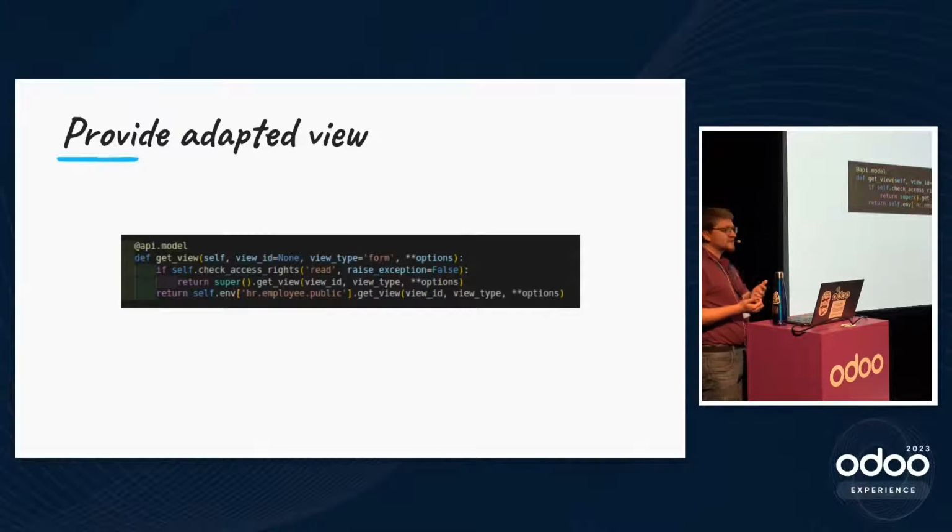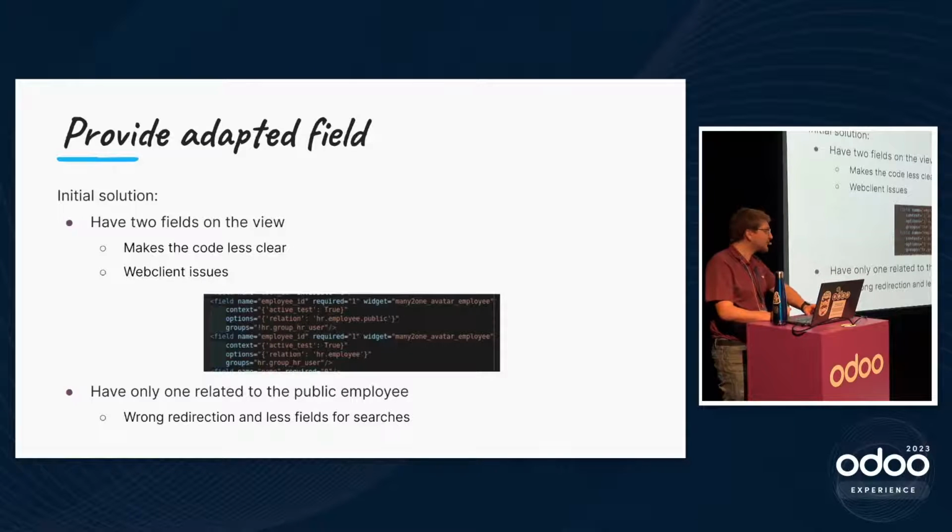There is another case for which we want to give that information correctly, and it is through fields. At first, we did it this way. We have an attribute on fields for the views called relation, and it allows us to redirect the field to one model or another.